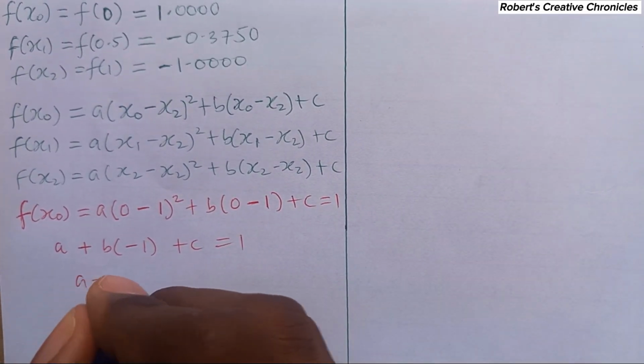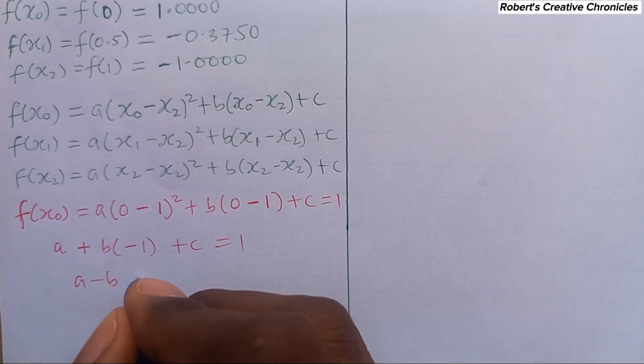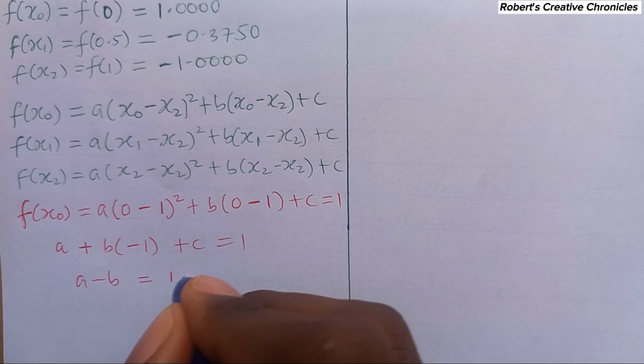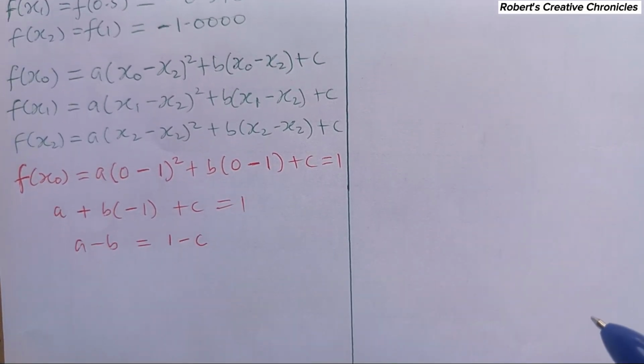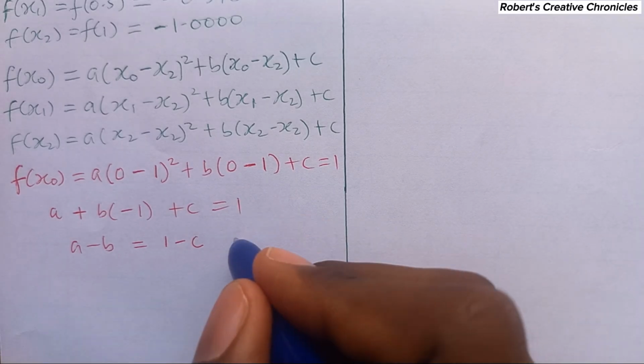So it will be a minus b is equal to 1 minus c. So this is the first equation.